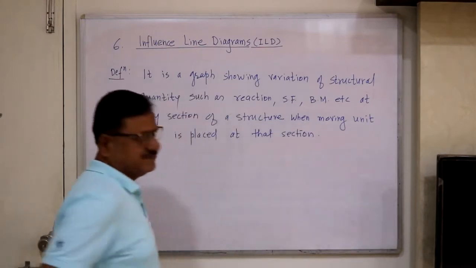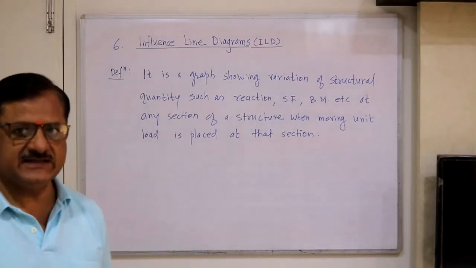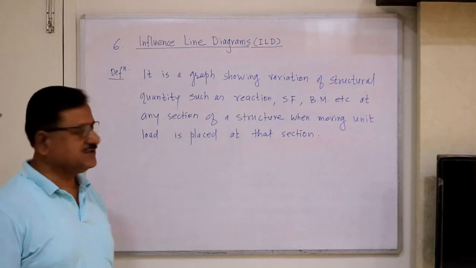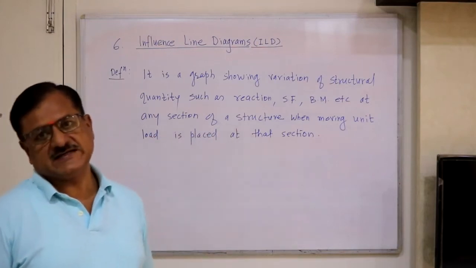So a very simple definition: it is a graph showing variation of structural quantity along the length of the structure when a moving unit load is placed at that point.